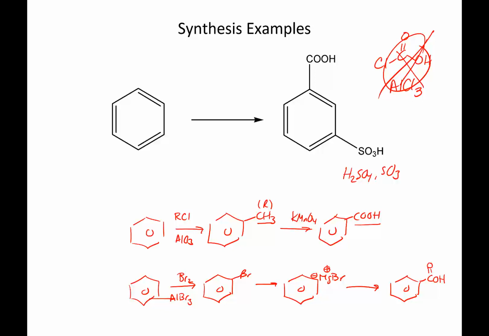What do I add to the alkyl bromide or aryl bromide to make a Grignard? Mg, not Mg2+. Mg2+ is the ion. I just want Mg. And then what do I add to the Grignard to add a carboxylic acid? CO2. Then H+, H2O.